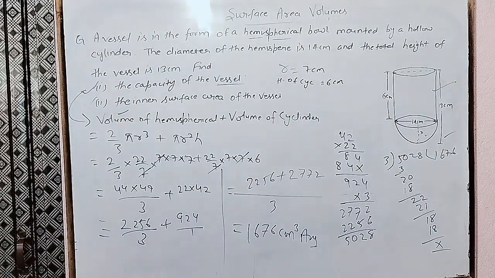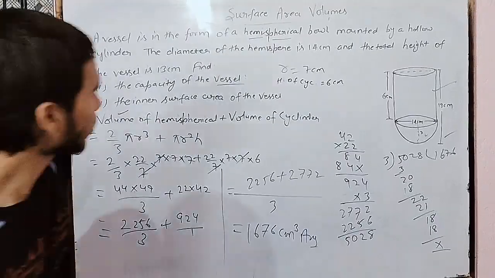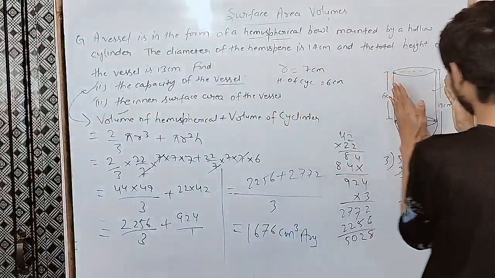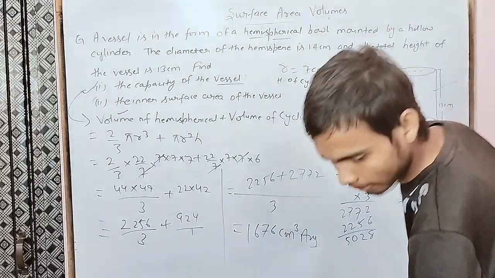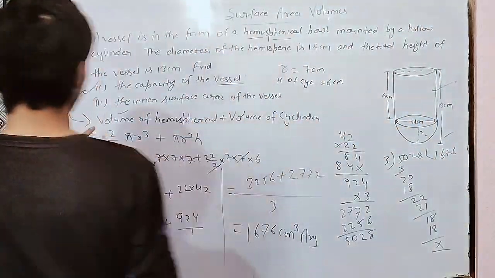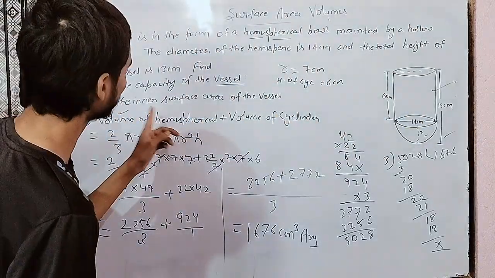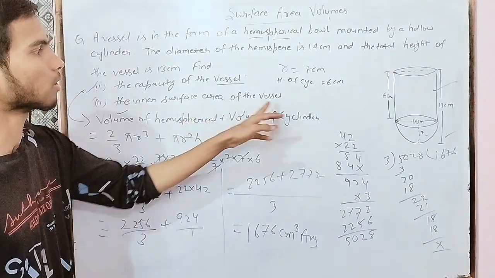Now the next question is, so we have found the total capacity of this vessel. Next we are going to find the inner surface area of the vessel.